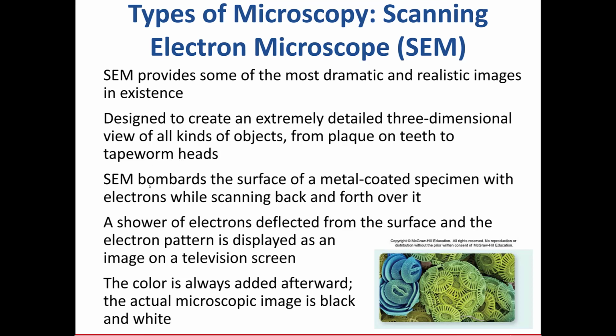But SEM bombards the surface of the metal-coated specimen, so you sputter a surface, some sort of metal, on there, so it gives the nice electrons to be bounced off when you hit it with the flow of the scanning electrons. And so you get a really detailed look at this image. Since it's been treated with that metal and you bombard it, every single position of that is accurately portrayed onto the imaging part.